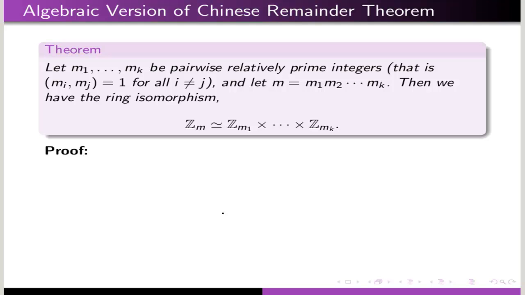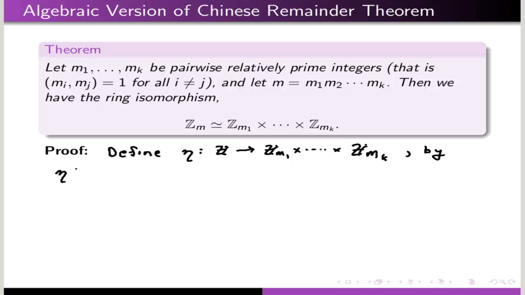Okay, to prove this, we'll just construct an isomorphism. I'm going to define a mapping eta from Z into Z mod m1 cross ... cross Z mod mk as follows. I'll say that eta of any integer x is what?